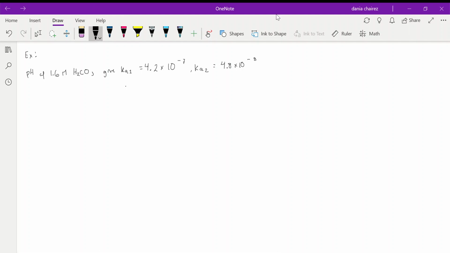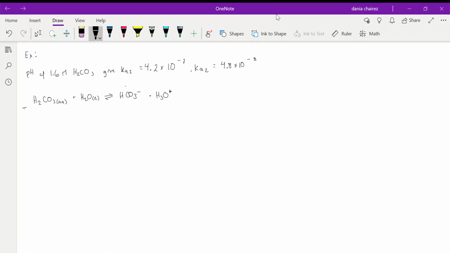So we're going to set up our equation, which is going to be H2CO3 aqueous plus H2O liquid. Since this is still a weak acid, we do our double arrows, and we're going to end up with HCO3 minus plus H3O plus.